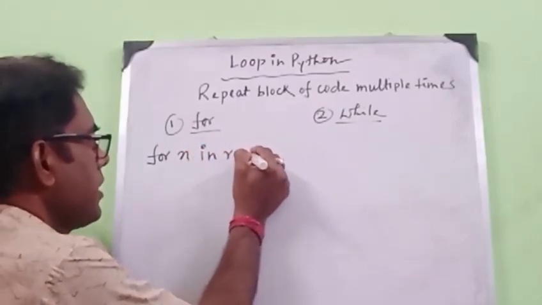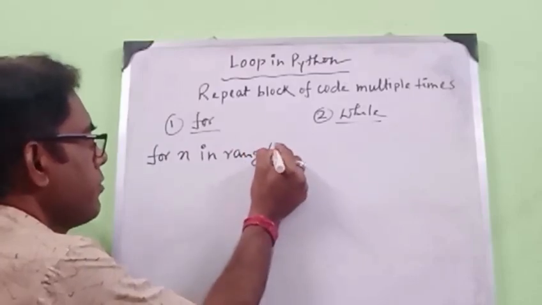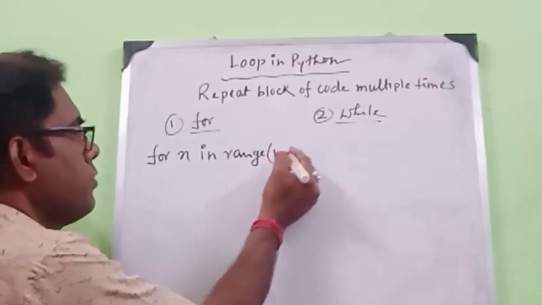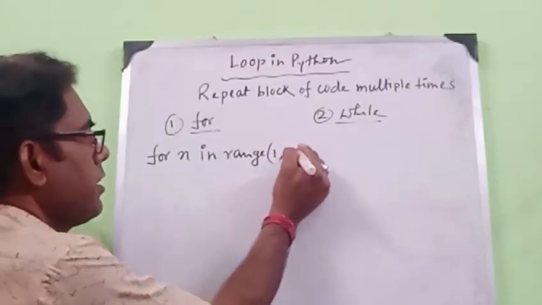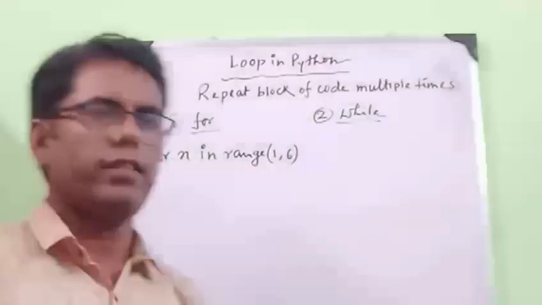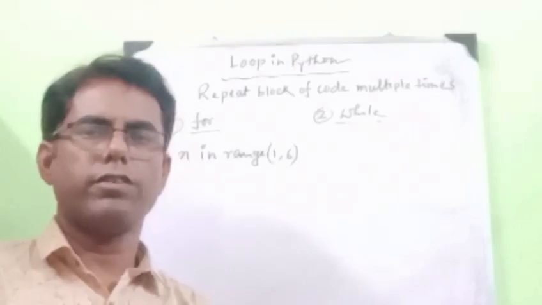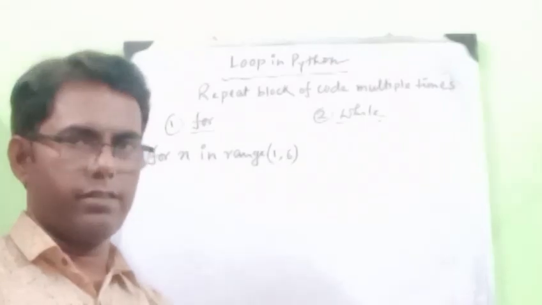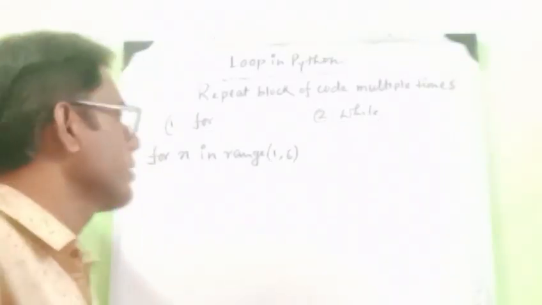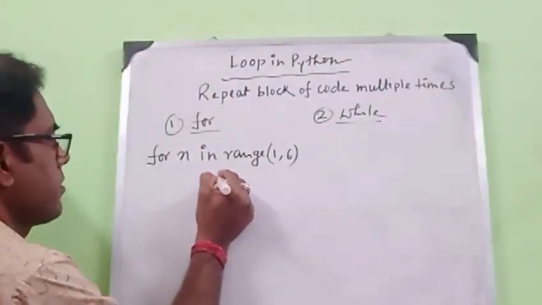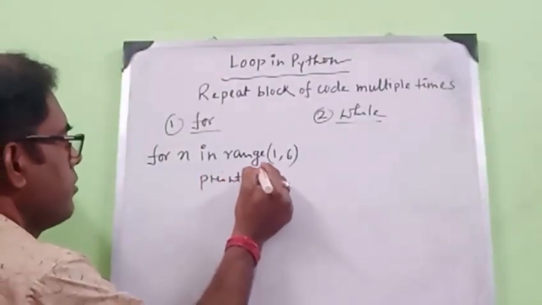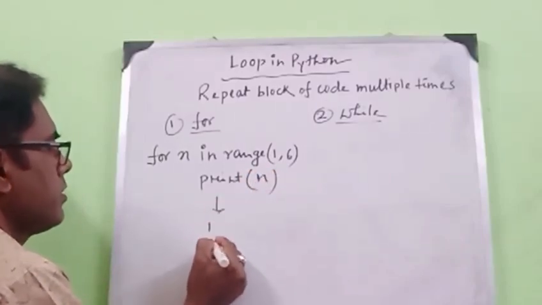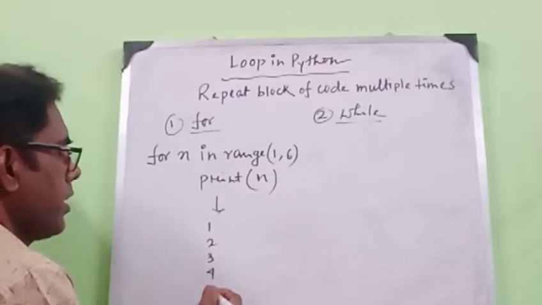There is an inbuilt function called range, where you have to give values like 1 to 5. So here we have to write 6. If you want to display 1 to 5, we have to write 6, because 6 means it will execute before 6. And now we have to print the value of n. So the output will become 1, 2, 3, 4 and 5.